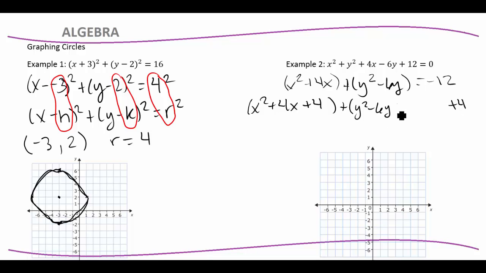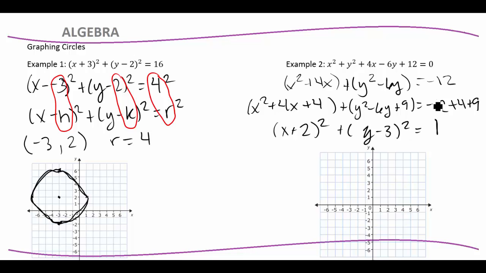So we're going to add 9 and −12. And so −12 + 4 + 9. And now we can factor, and this is going to give us (x + 2)² + (y − 3)², and that equals 1.